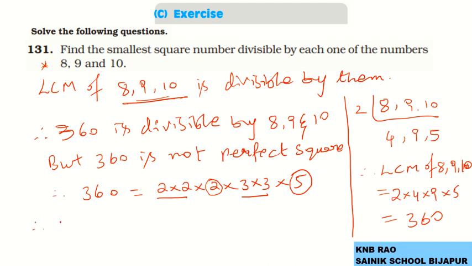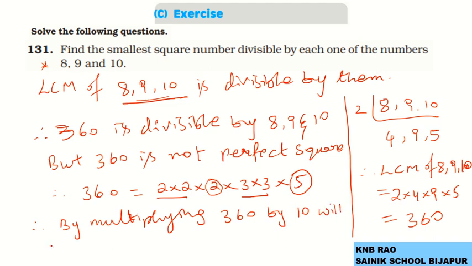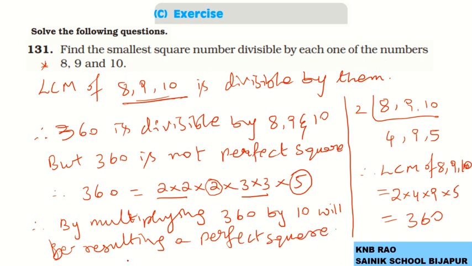Therefore, multiplying 360 by 10 will result in a perfect square, divisible by 8, 9 and 10.